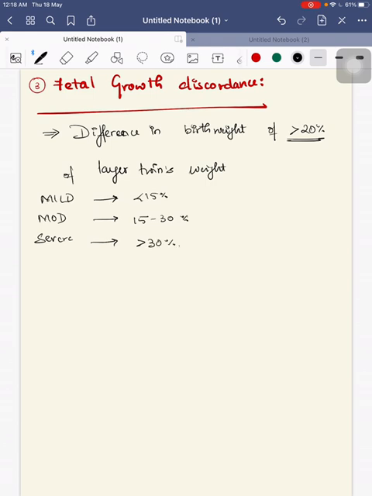So why does this fetal growth discordance occur? What is the major risk factor for this?